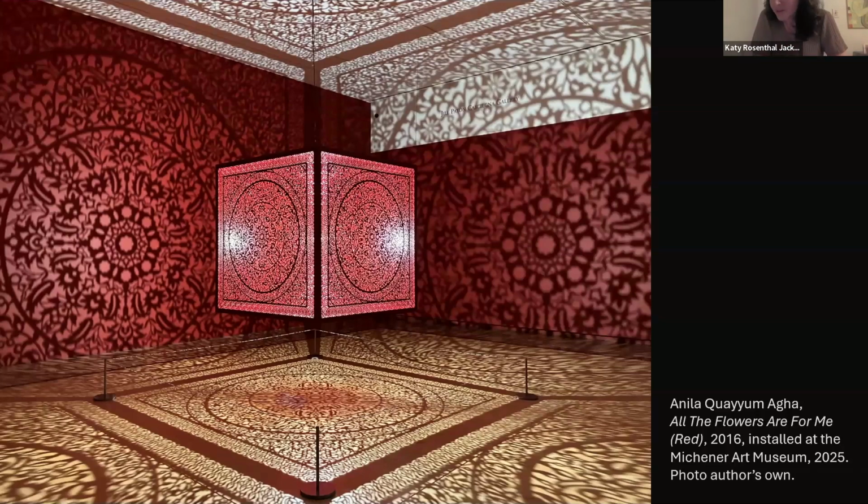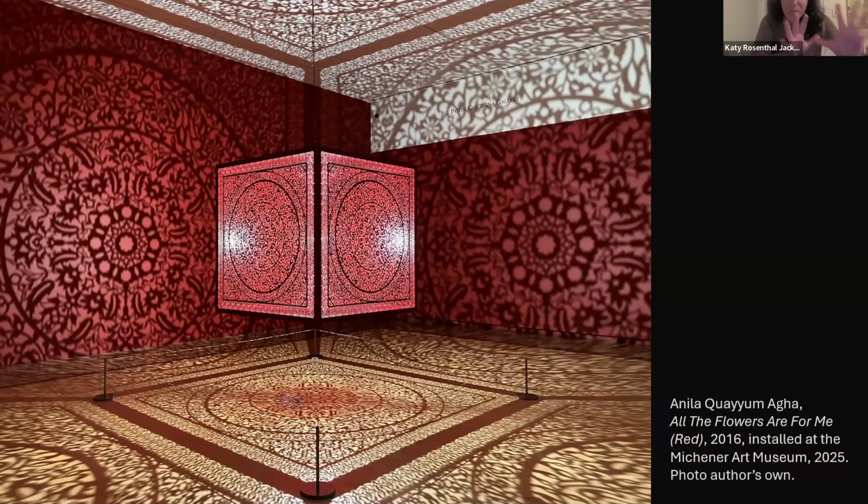But the way that the pattern is repeating out to fill this space, really the technique is the projection of light, right? And so it doesn't have the same material limitations as a woven textile. And because of this different materiality, the repetition of the pattern works at a very different speed.